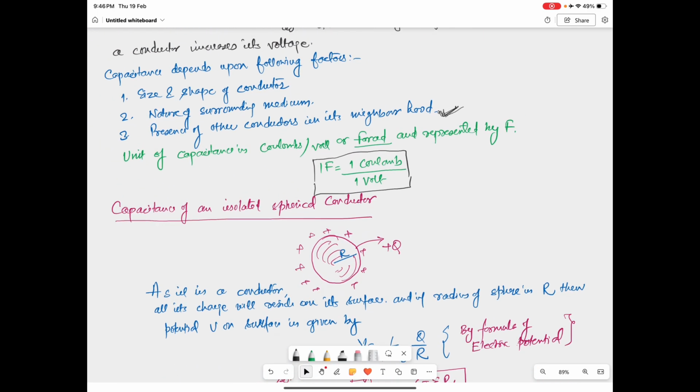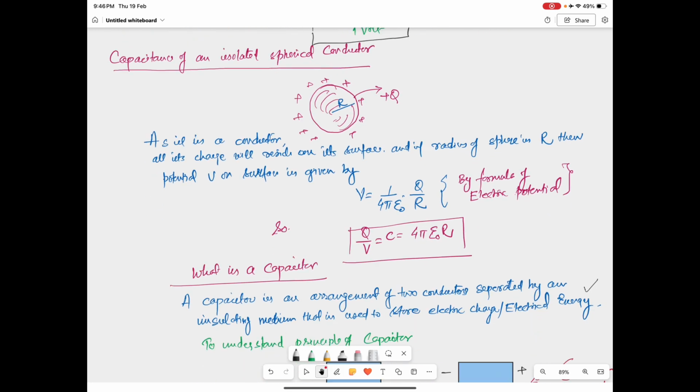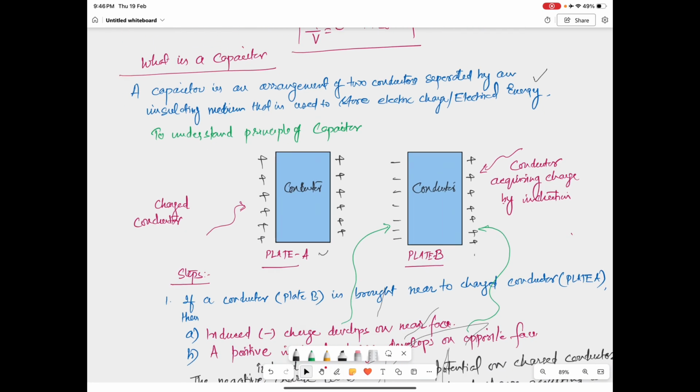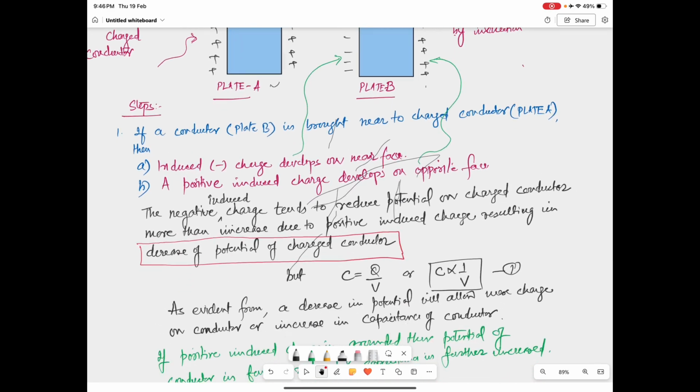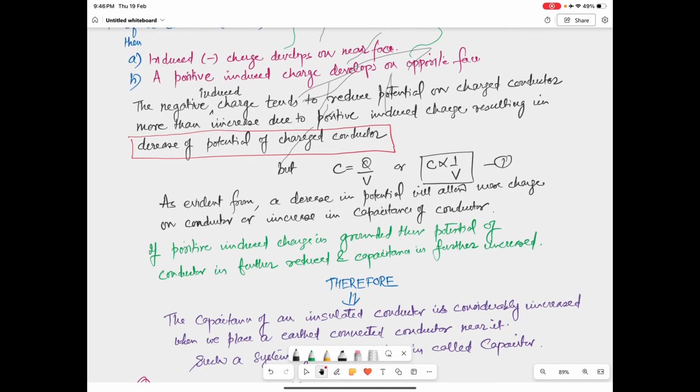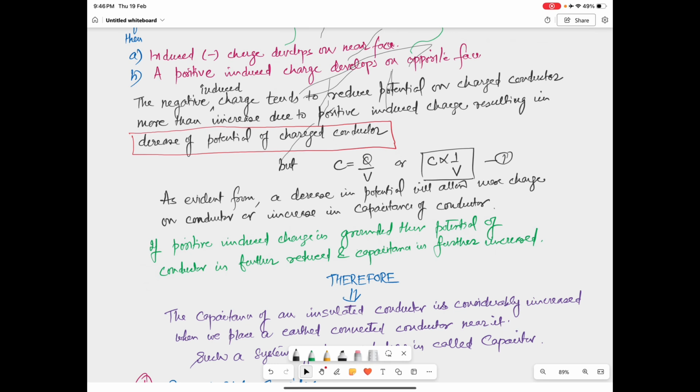And as I have rightly told, the capacitance depends on the presence of other conductors in the neighborhood. So this is the principle being utilized for capacitors. Hope you would have understood what a capacitor is.